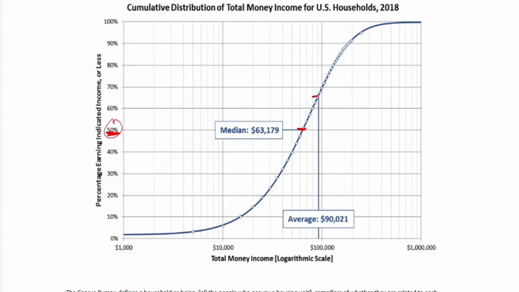So 90,000 is your average, and that's like 65% of people that earn 90,000 or less. And then up here, we've got 1 million, and basically everyone earns less than $1 million.